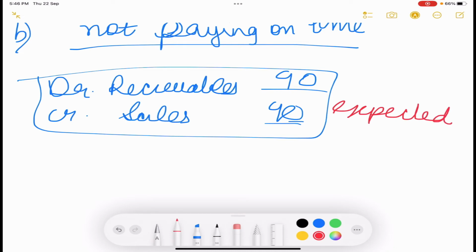But now what happened is that they have not taken any discount. Because the due date for the discount has been over and they are paying late. So now 90 rupees is not due. Now they need to pay the entire 100 rupees. Why? Because the discount is not applicable anymore, the cash discount time is over.